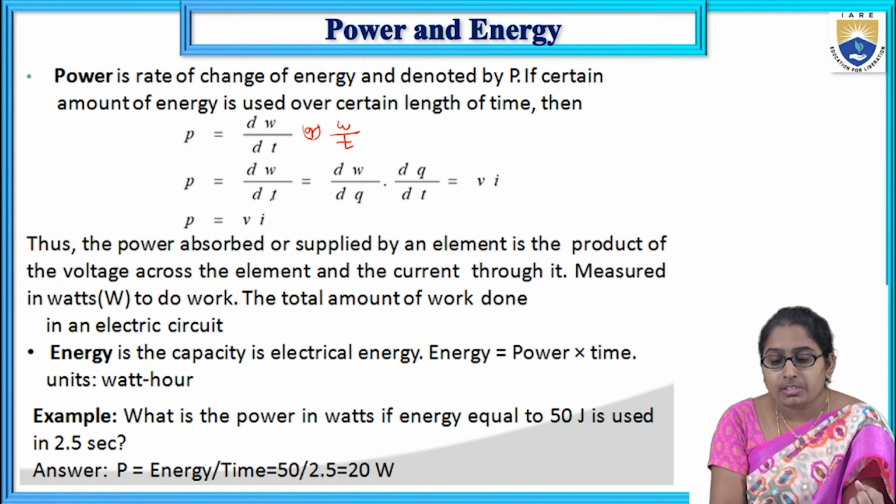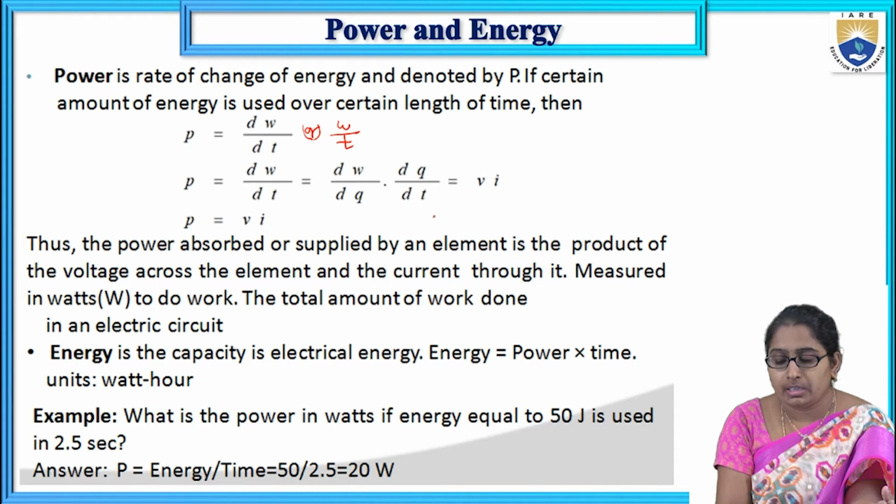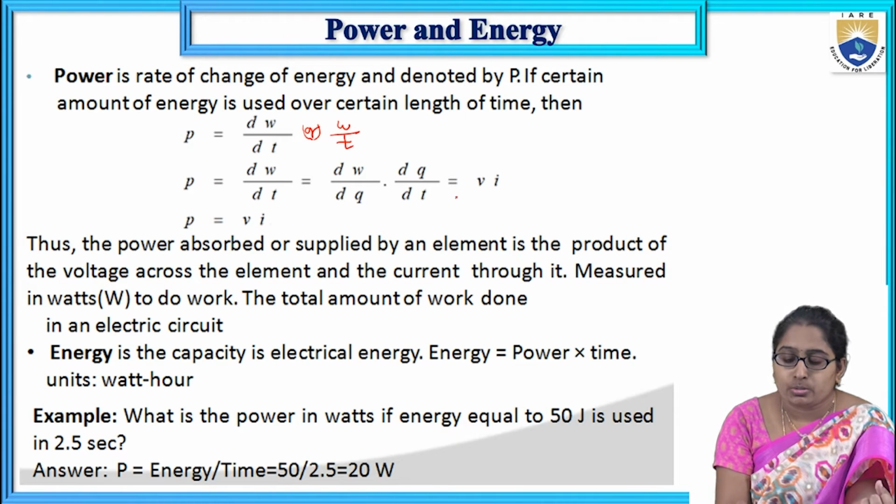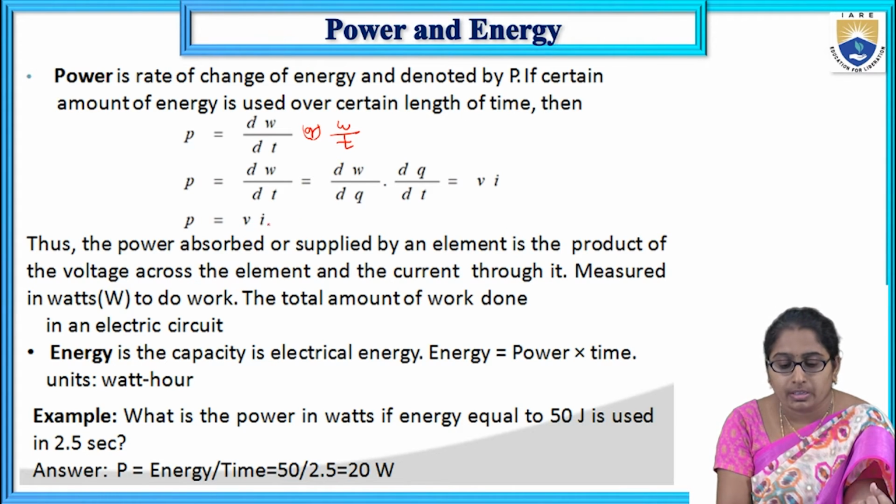Look at the second step: dW by dt is written as dW by dQ into dQ by dt. We know that dW by dQ is voltage V and dQ by dt is current. So power P is also given as the product of voltage and current.